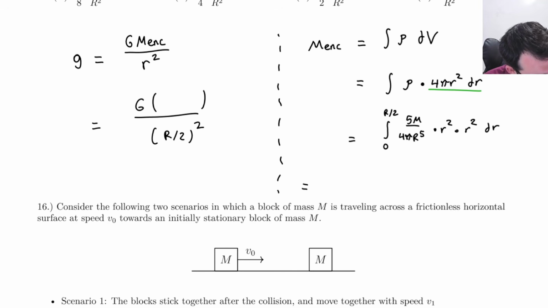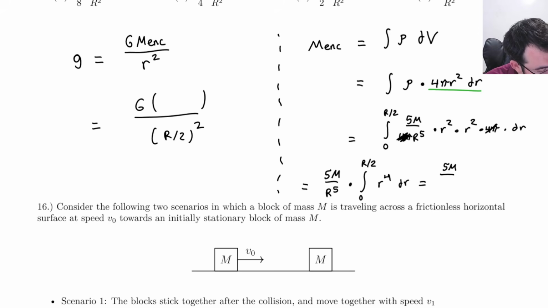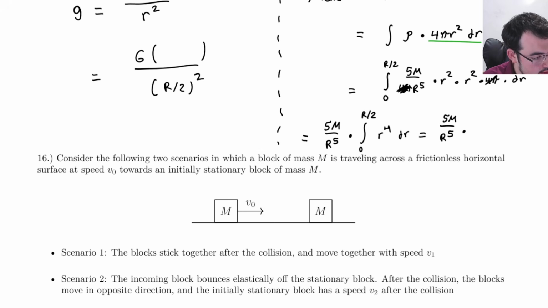So we'd end up getting, my 4 pi cancels after I multiply by that extra 4 pi. So we get 5m over big R to the 5th times the integral from 0 to r over 2 of r to the 4th dr, which would be 5m over big R to the 5th times r over 2 to the 5th power divided by 5.